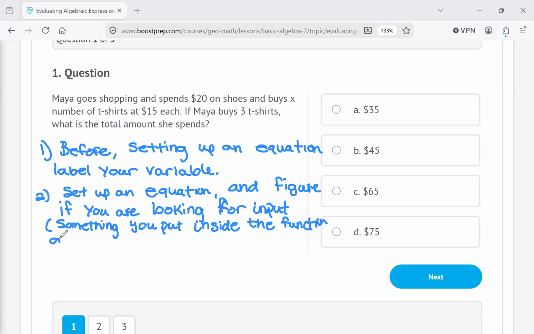Or are you looking for an output? That's very important. So what is an output? The output is something that comes out of the equation.